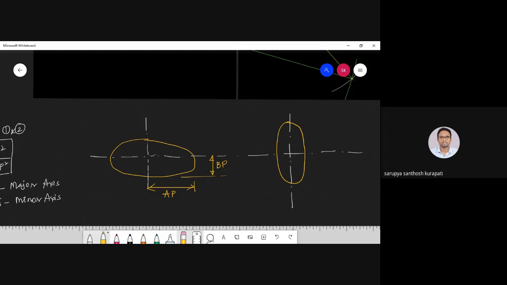So here AP becomes minor and BP becomes major. Based on the questions, you need to plot the figure.